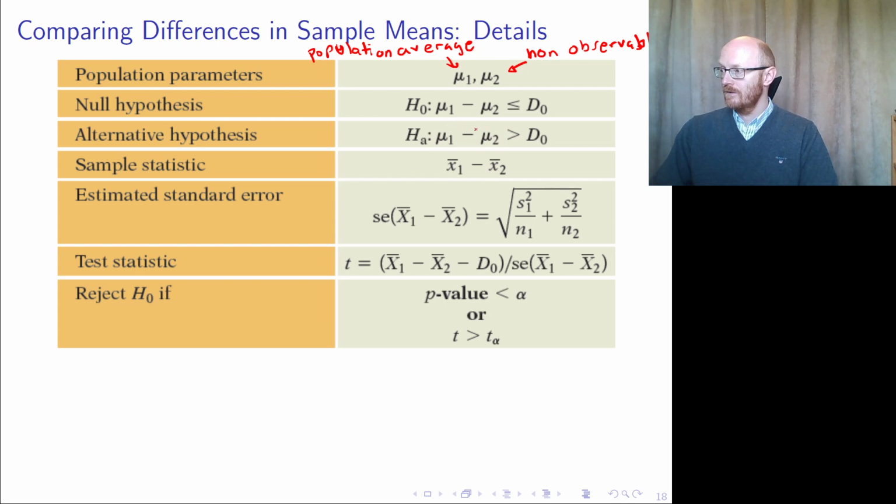But if you find that the difference between the average of population group 1 minus population group 2 is greater than the cutoff, then you reject the null hypothesis and you keep the alternative hypothesis, and then you take action.